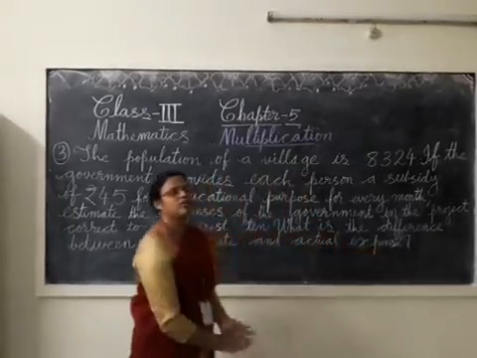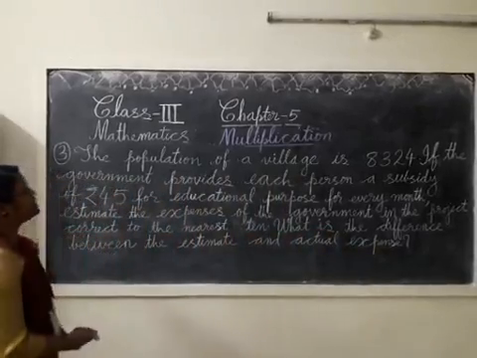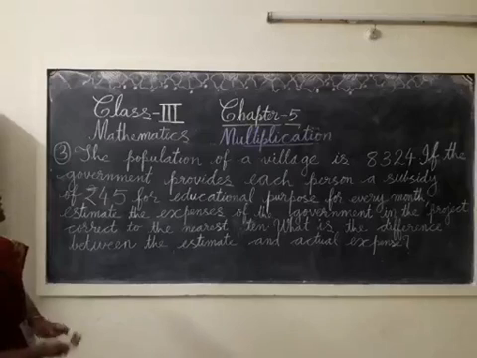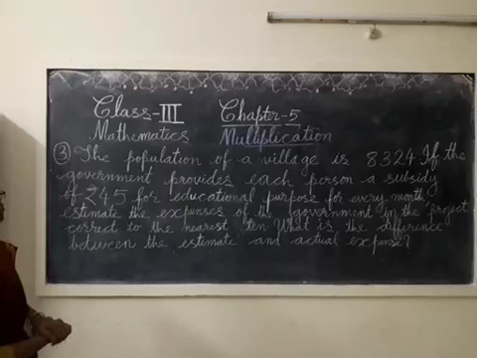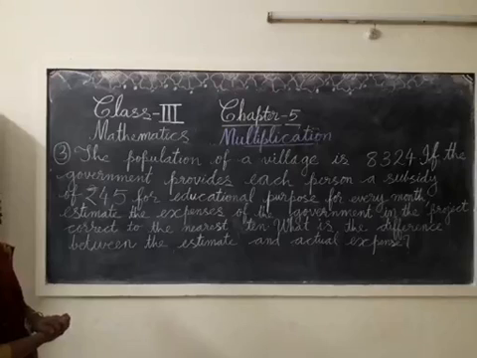Here also the number of population is 8,324. Then the government is giving each person a subsidy of rupees 45 for educational purpose for every month. Every month they are giving. Estimate the expenses of the government in the project correct to the nearest 10.